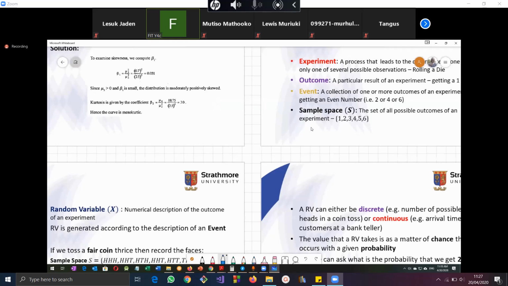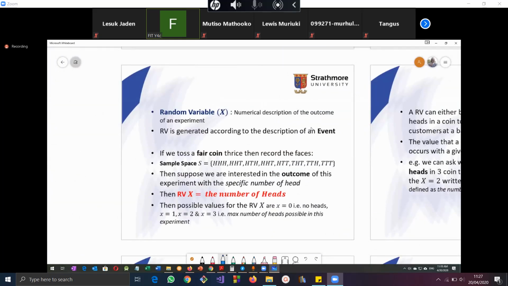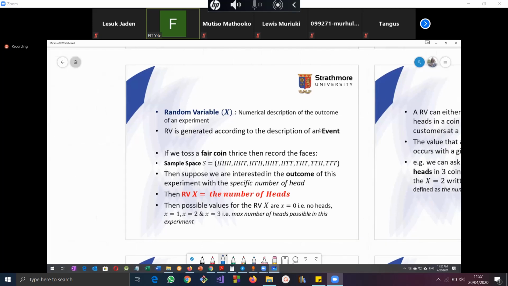So I will just highlight the key things that we want to focus on in probability. One of those things is a random variable. So very quickly, let's revise this one. It's the numerical description of an outcome of an experiment. So a random variable is always a number, a numerical description. It depends on how you define your random variable in probability.